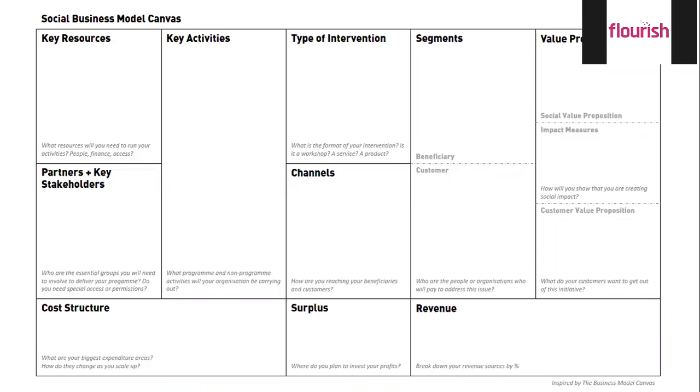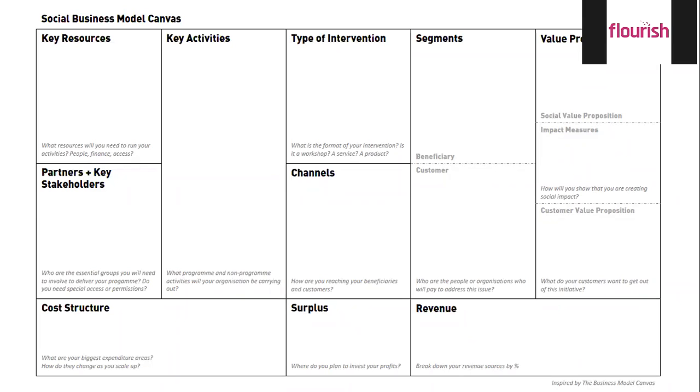It might be that you have a weekly drop-in, and as much as that weekly drop-in is there for a brew and a chat, it's actually a great channel for you to physically get hold of your customers, your beneficiaries, the people who need to influence and inform what you're doing. So there's various channels that you can use. It might be that you have referral partners, which then starts to link back to your channels and how you're reaching your beneficiaries directly.